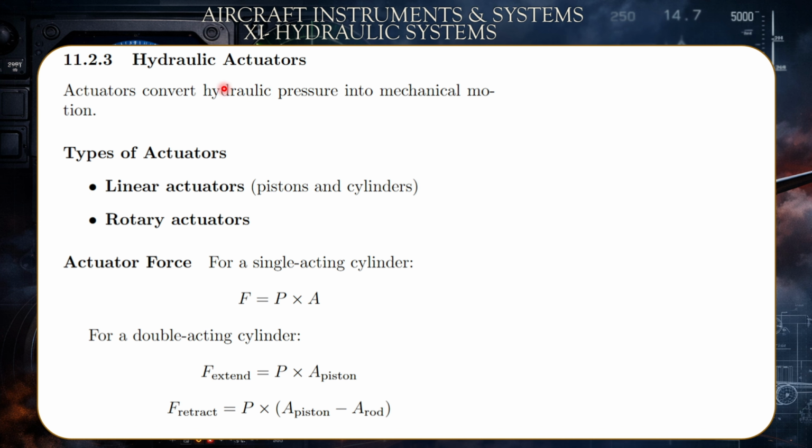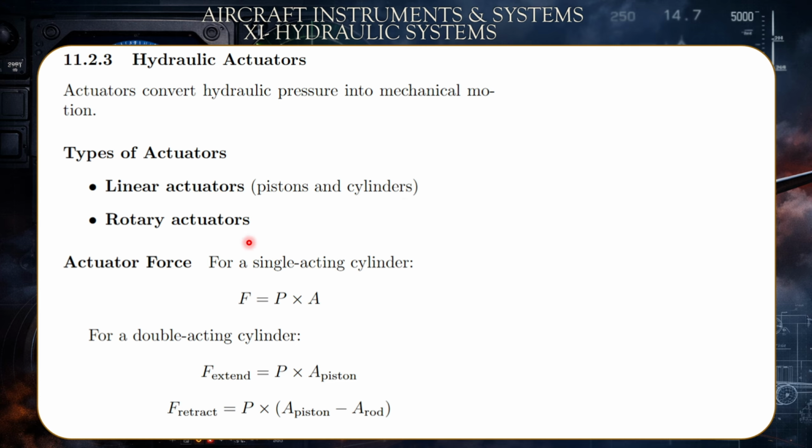Here, the hydraulic actuators are the ones that convert hydraulic pressure, not electrical current or energy, into a mechanical motion. Types of actuators: linear actuators like pistons and cylinders, and rotary actuators.